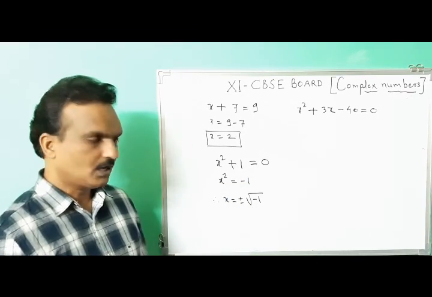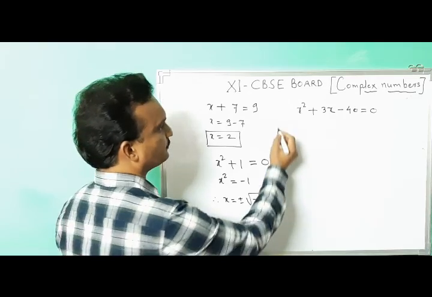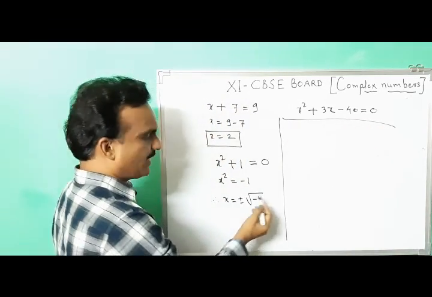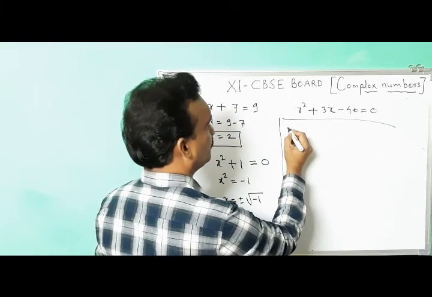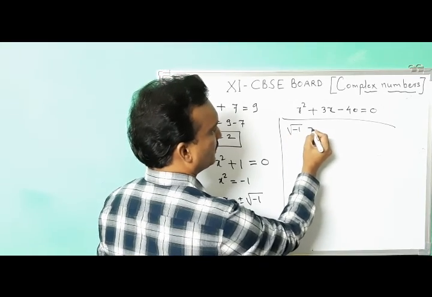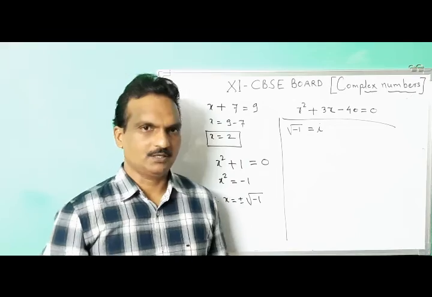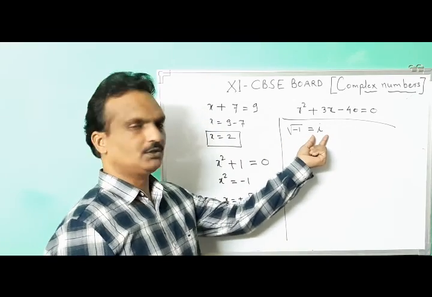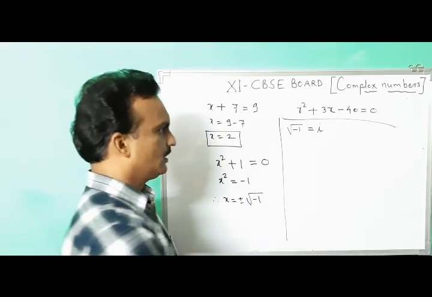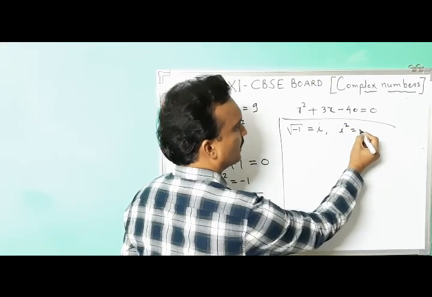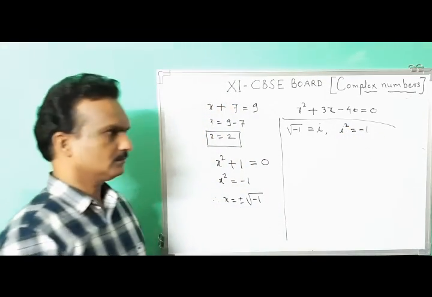Correct? Now, suppose root of minus 1 is equal to i. Consider root of minus 1 equal to i. Right? Then what will be i square? That is minus 1.